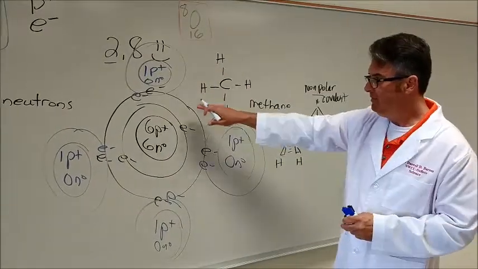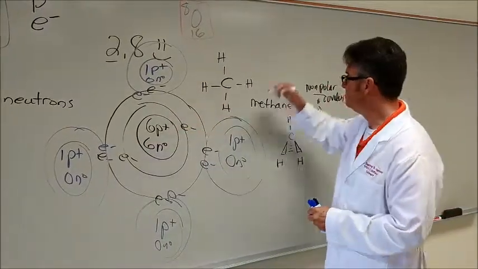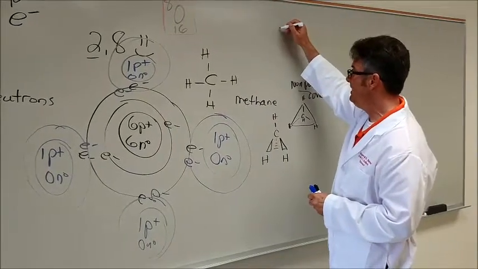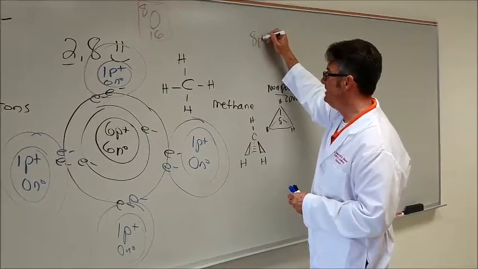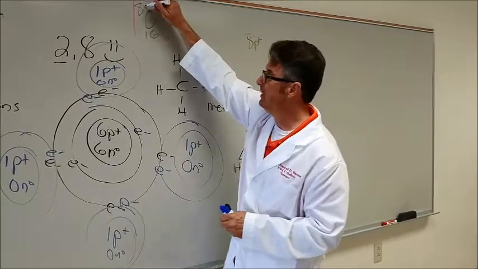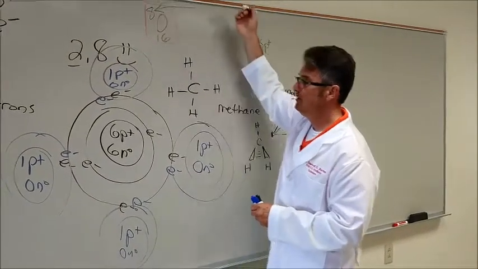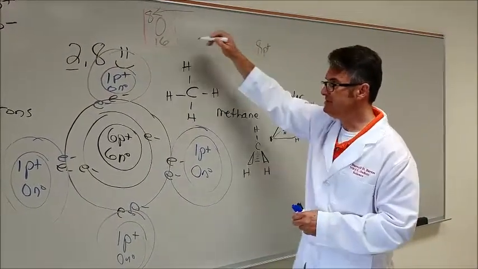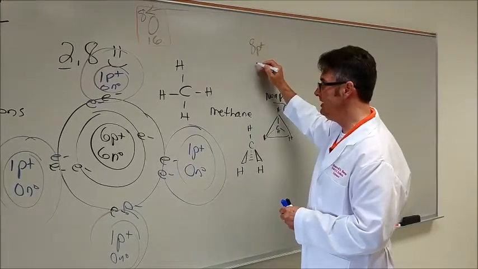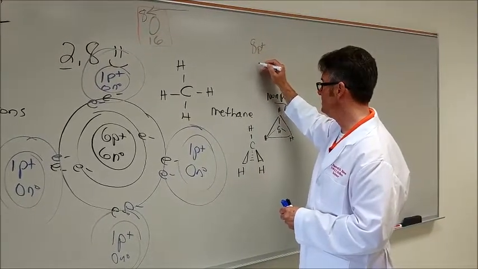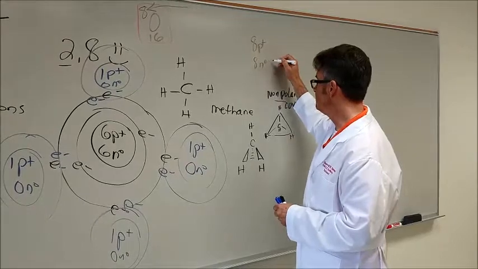If we do a model for oxygen, check this out. How many protons would I put in the nucleus for oxygen, class? 8, okay. And 16 minus 8 makes how many neutrons? 8 neutrons, okay.